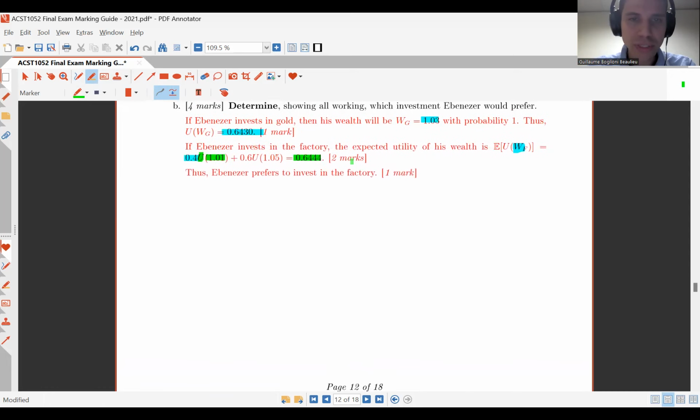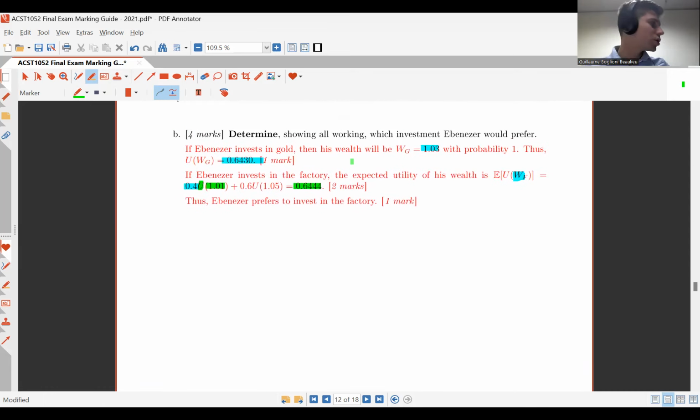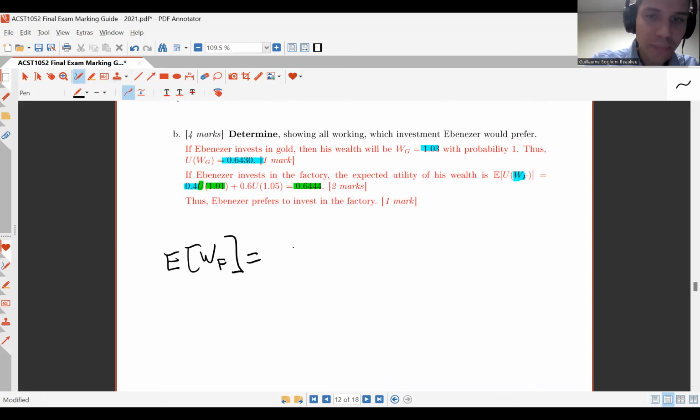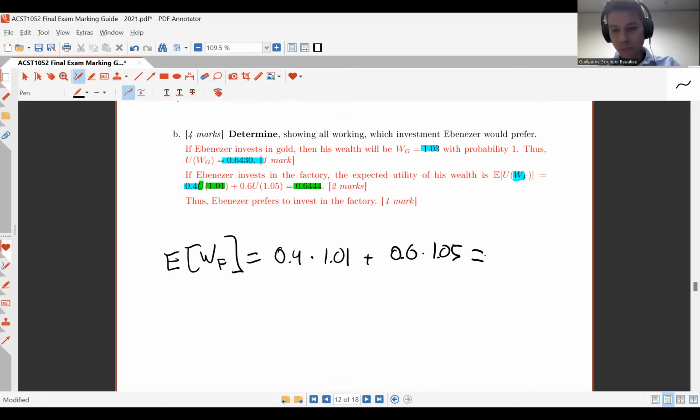And you see, I think this is an example where the answer was not entirely trivial. Just let me get my calculator, because if you had computed the expected value of his wealth, not the utility of the wealth, in the case of investing in the factory, you would have gotten 0.4 times 1.01 plus 0.6 times 1.05, which would give you a number that should be a bit bigger than 1.03.